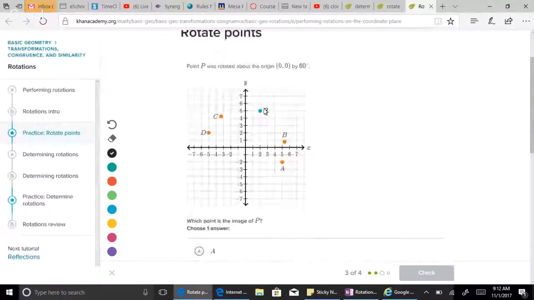Okay, point P was rotated by 60 degrees. That's going to be counterclockwise. Start at 0. This is at x is 2, y is 5.